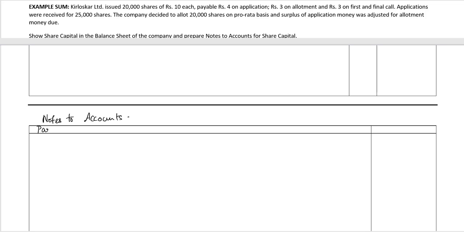We have particulars and a rupee column. The first note is share capital. We'll begin with authorized capital.